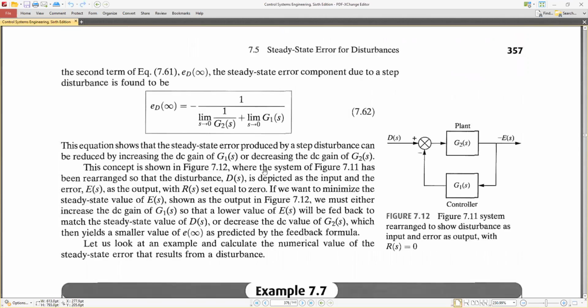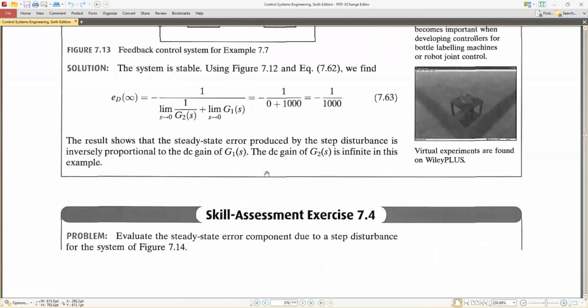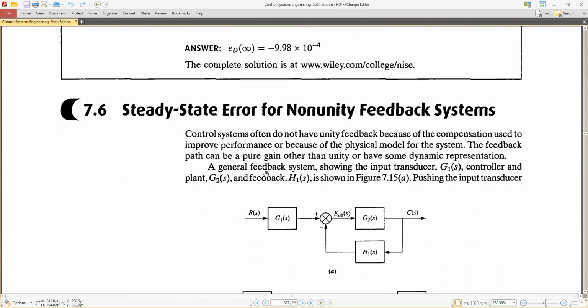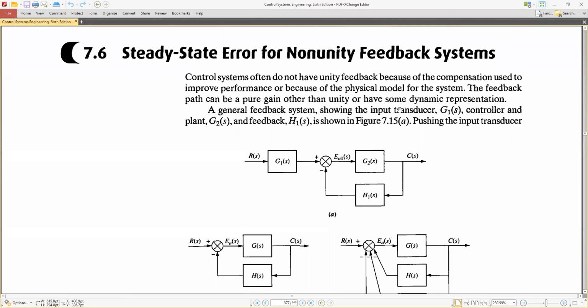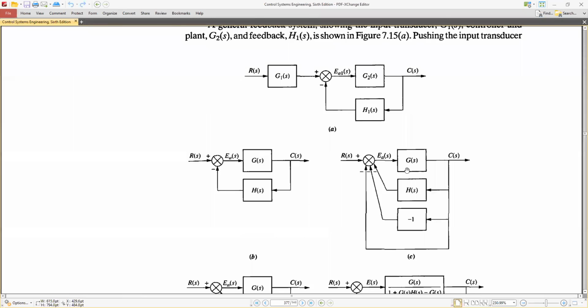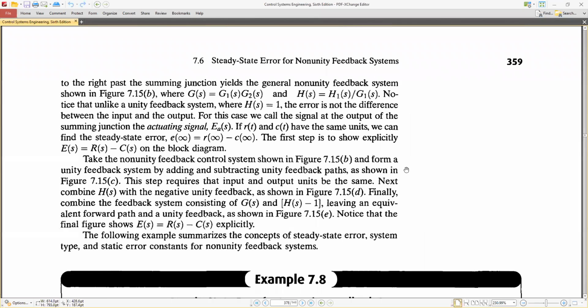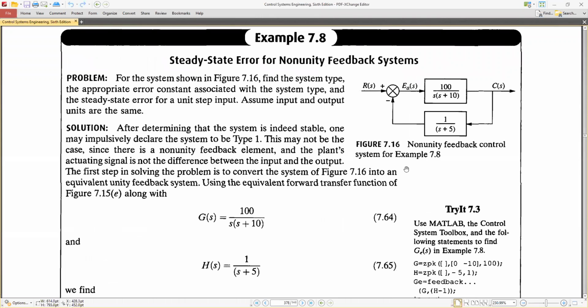Disturbances. Okay, so see here, non-unity feedback system. What would happen if you have a non-unity feedback system like this? Let's look at an example. This is not the non-unity feedback system. Steady state error for a non-unity feedback system.